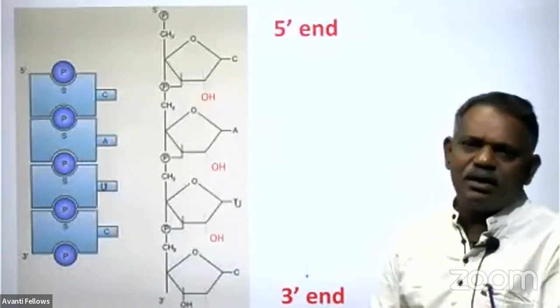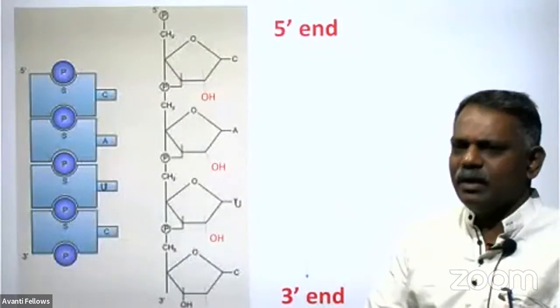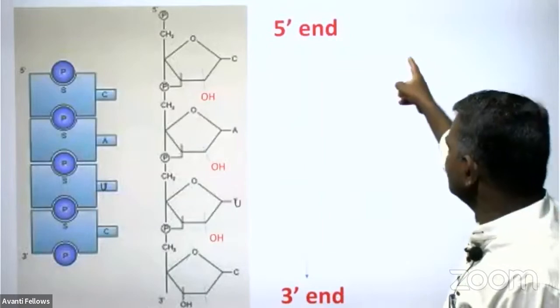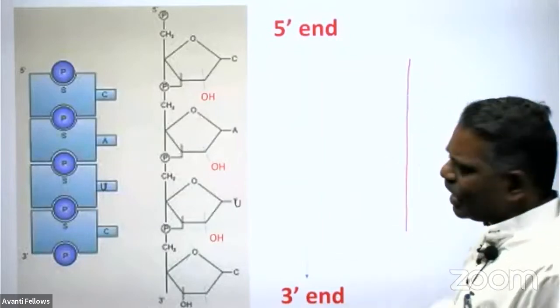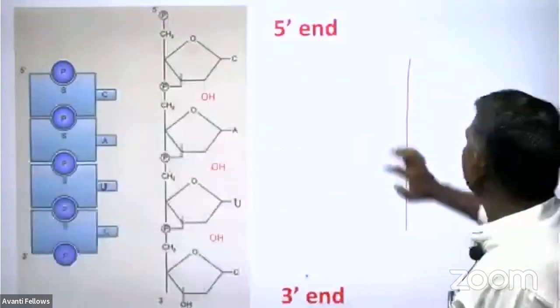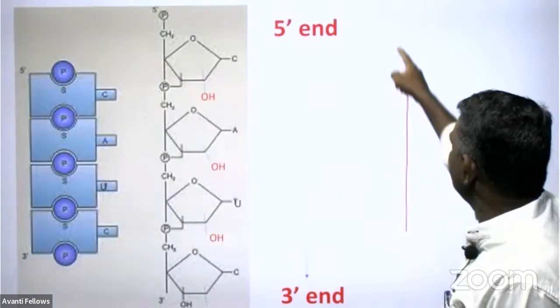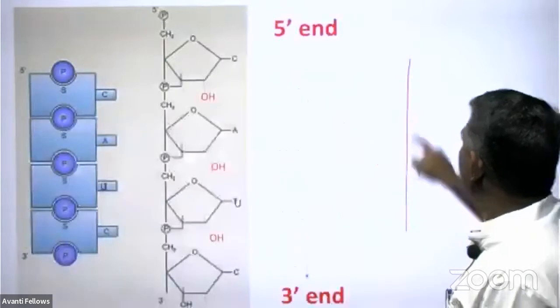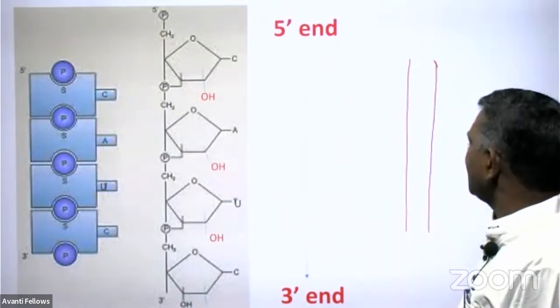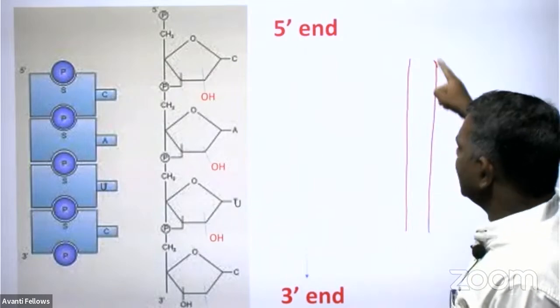While discussing in the first slide, I told you DNA is double stranded. There are two strands here, but each has a definite polarity. This end is the 5' end, and the other is the 3' end. And another strand is there in DNA, but it is running oppositely.